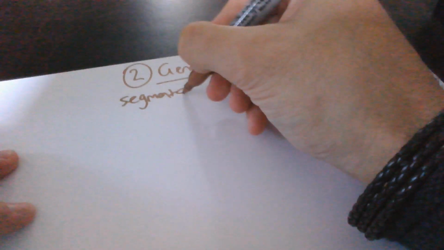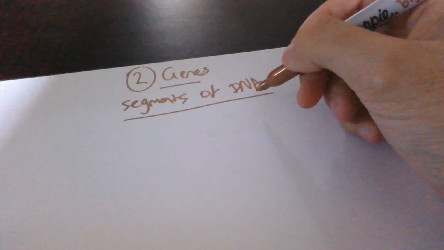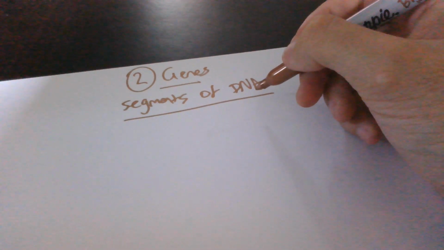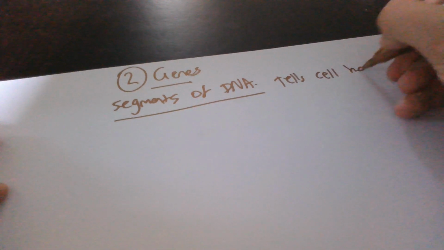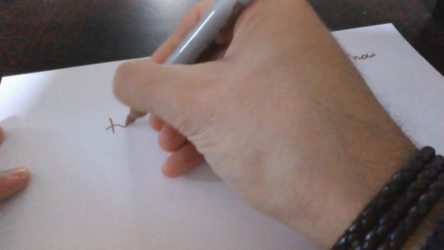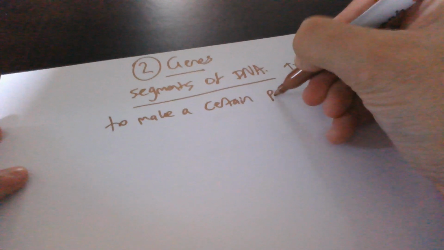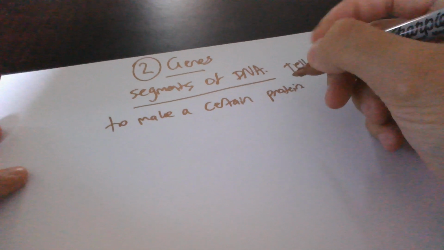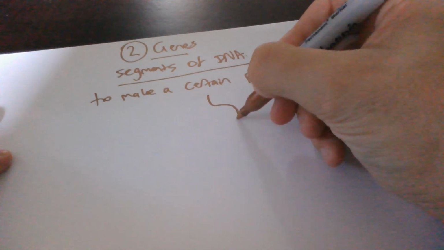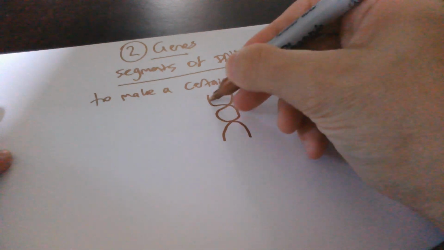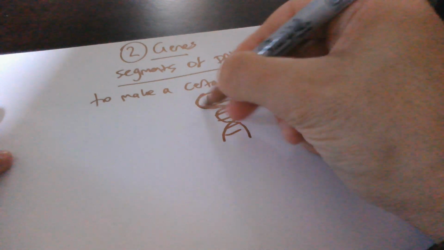And it basically tells the cell how to make a certain protein. It's an instruction, think of it that way. So they're parts of DNA. If I have a piece of DNA here, a gene would be sort of that bit here. So it's only a part of it.